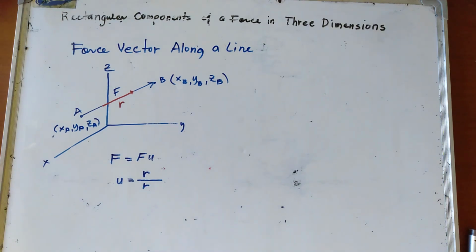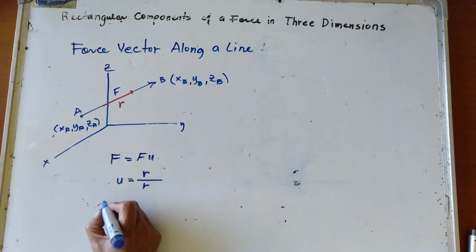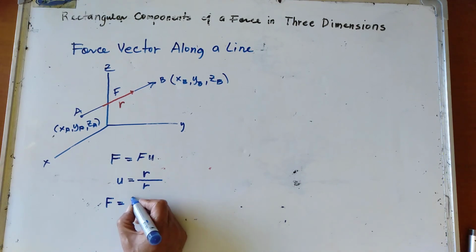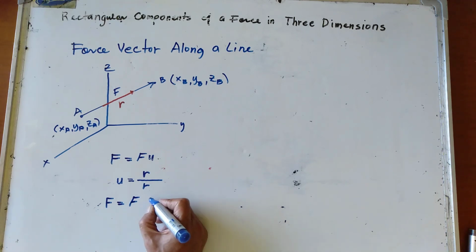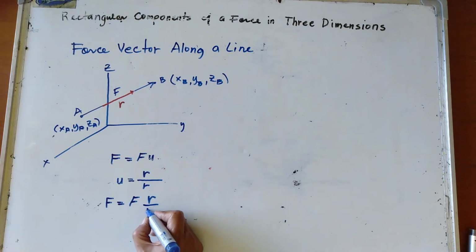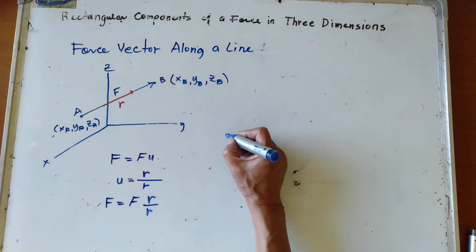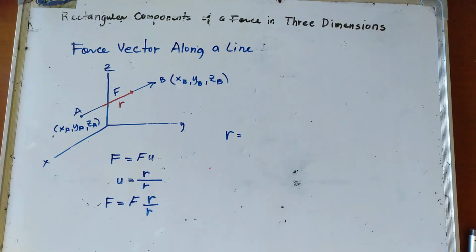So the vector F is equal to its magnitude multiplied by the unit vector, which is r over the magnitude of r.